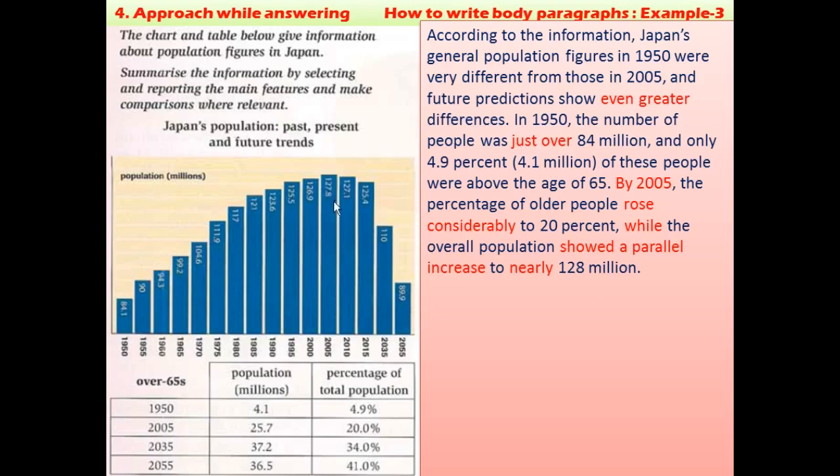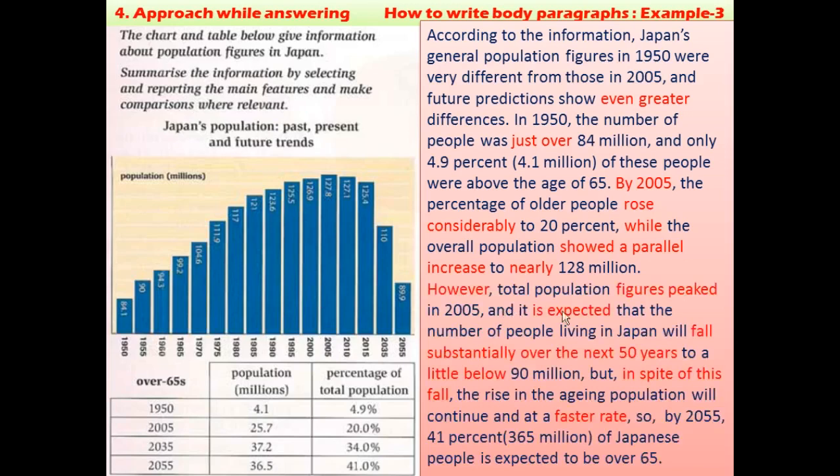So instead of writing 127.8, we can write nearly 128 million, which is better than writing this figure. So you can keep changing it to one third, two thirds, two fifths, 20% or something. Now perhaps the future predictions will be written in the next paragraph.